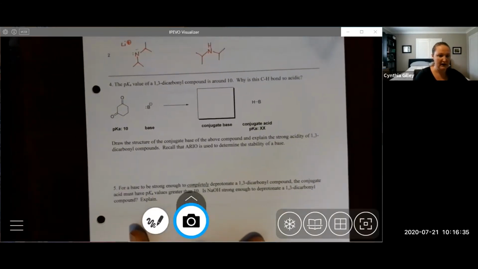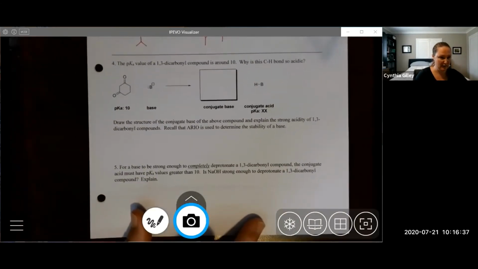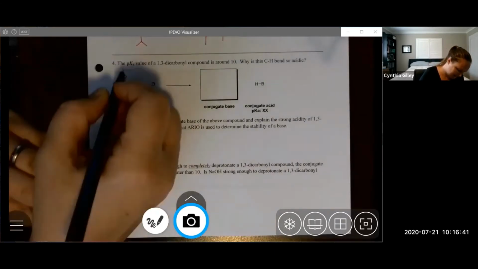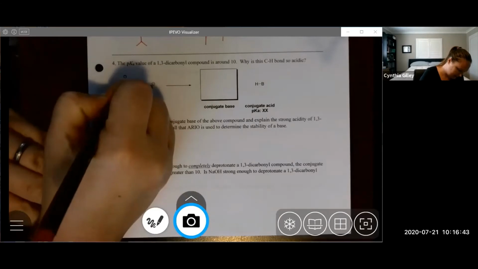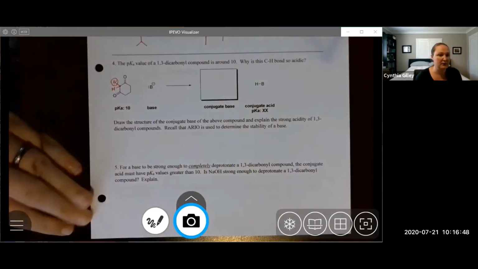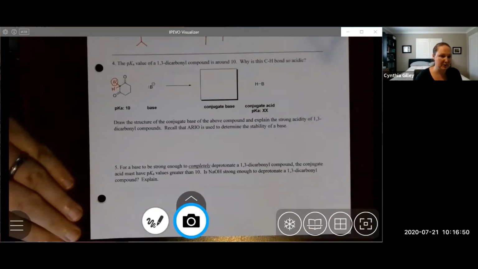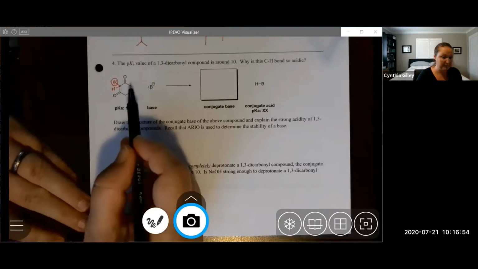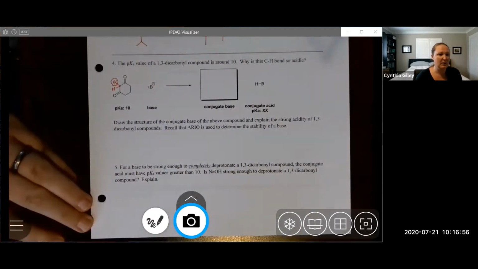Okay, talking about 1,3-dicarbonyl compounds. The pKa is 10, and they're specifically talking about hydrogens in the center of the two carbonyls. So those are the most acidic protons. Protons on the other alpha carbon that are next to only one carbonyl have a pKa, as we saw before, of 17 to 20.